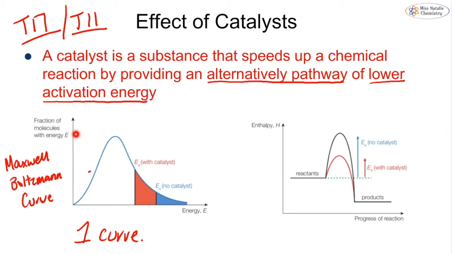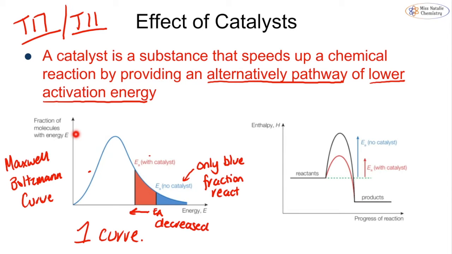So what we see here is when we have no catalyst, only the blue fraction will react. Only the fraction of molecules that is coloured blue have the required activation energy in order to react. When we have a catalyst being added, we are moving that activation energy, so my activation energy is decreased.